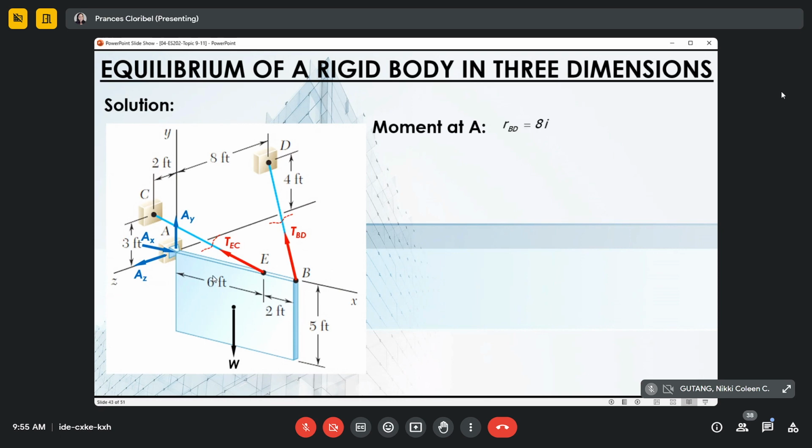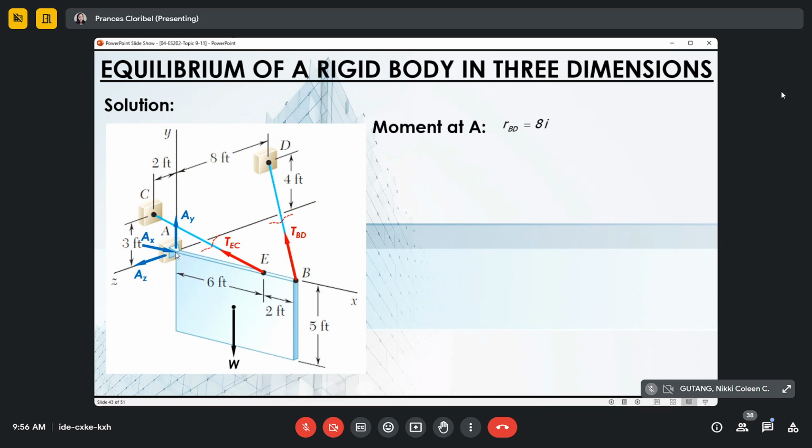Now, recall the position vector is referred from the point of moment towards the point of application. Earlier, the D was from the point of application towards the second point along the direction of our cable, or our diagonal force. Now, the position vector is always from the point of moment towards the point of application.